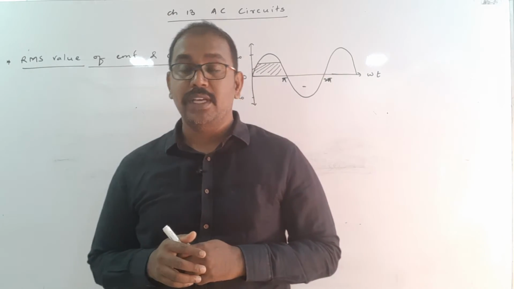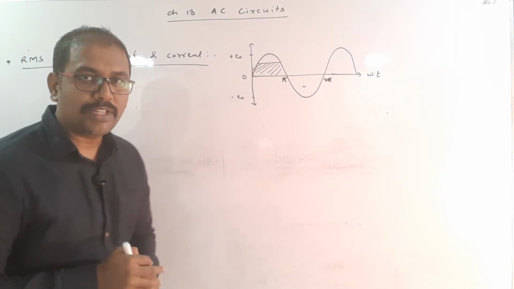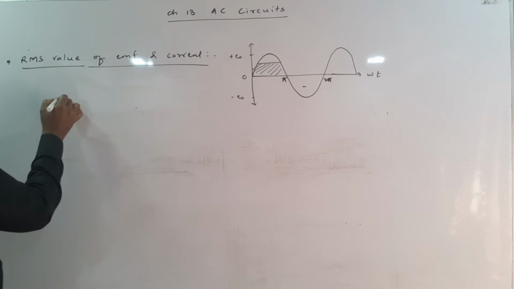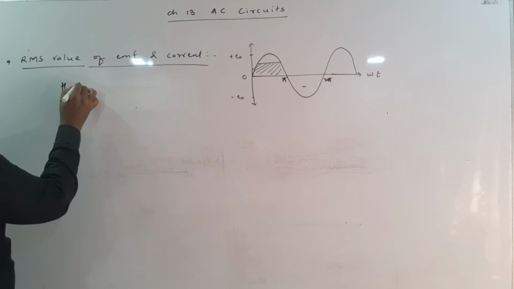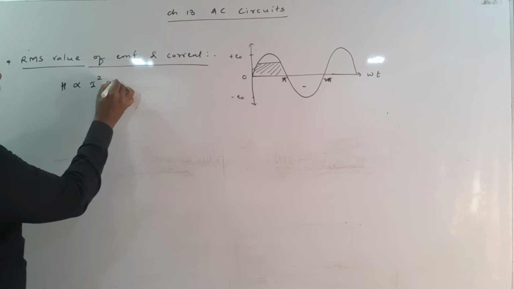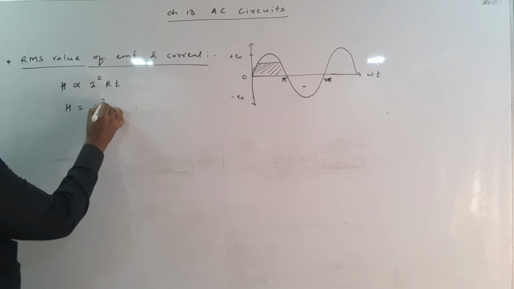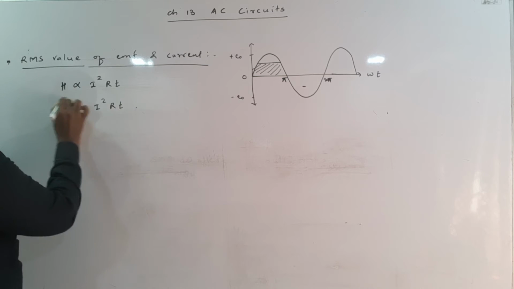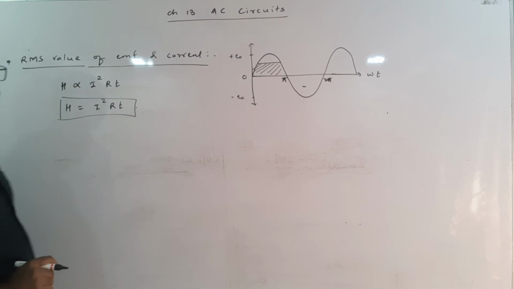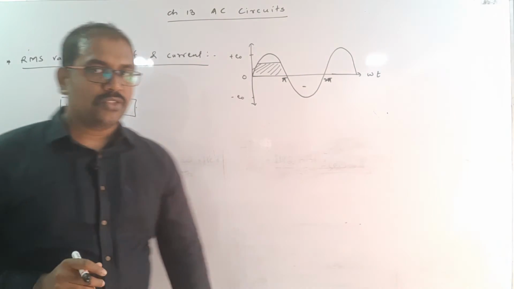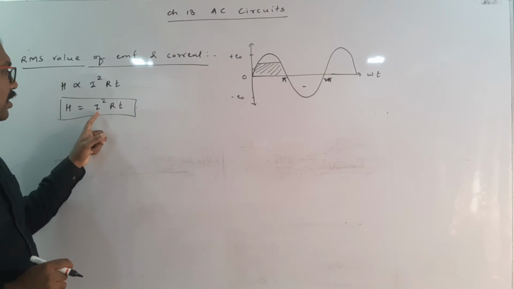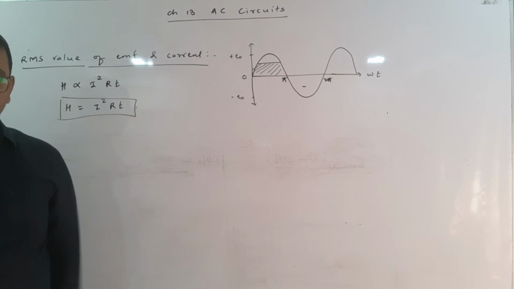So we can use the heating effect. You know Joule's law of heating: heat produced in a conductor is directly proportional to I square RT, or we can write H is equal to I square RT. So the heat produced in a conductor depends on current, resistance and the time.